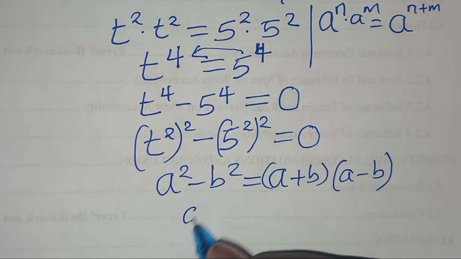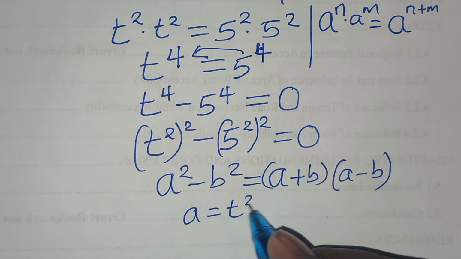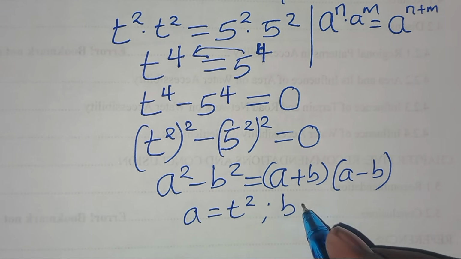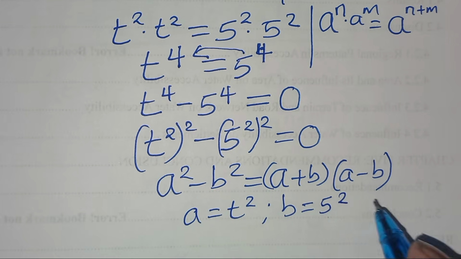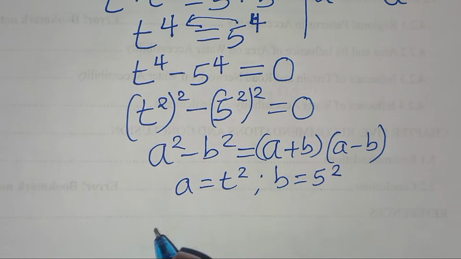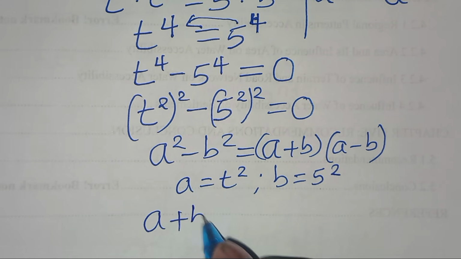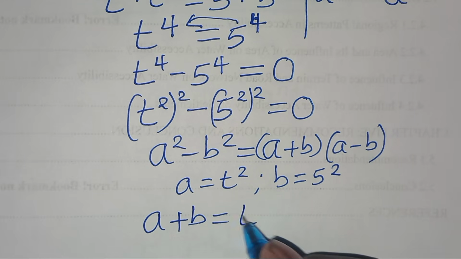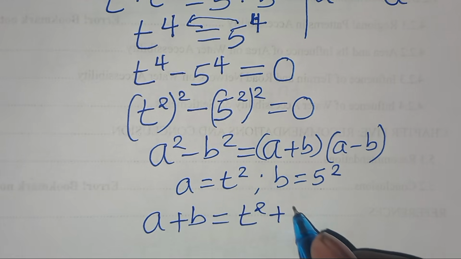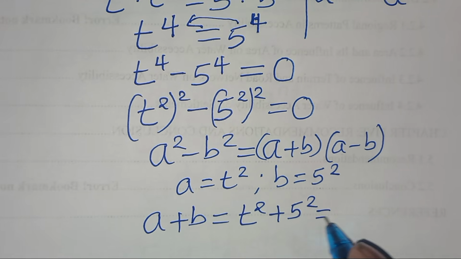From this equation, a is equal to t to the power 2 and b is equal to 5 to the power 2. So this implies that a plus b, this is equal to t to the power 2 plus 5 to the power 2. This is equal to 0.